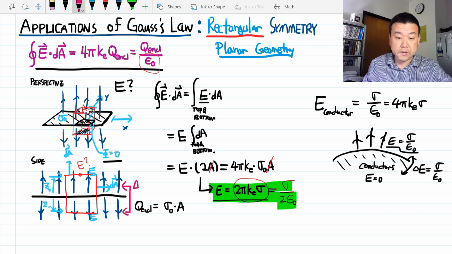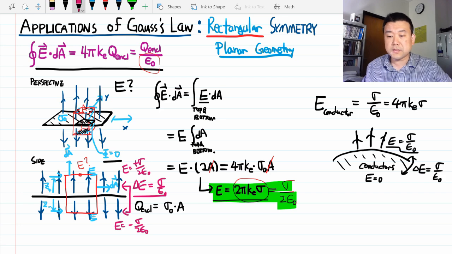At the top, the electric field is plus sigma over 2 epsilon naught, pointing up. At the bottom, the electric field is minus sigma over 2 epsilon naught, for the difference in electric field of the same amount, sigma over epsilon naught.